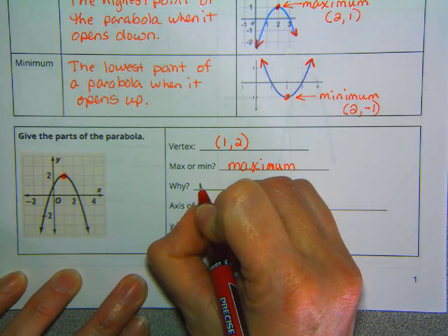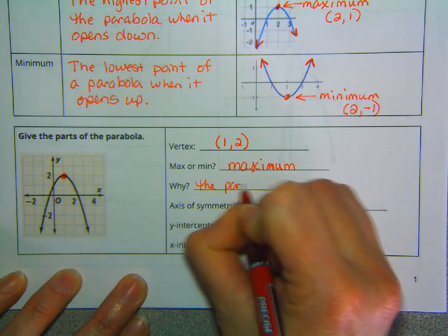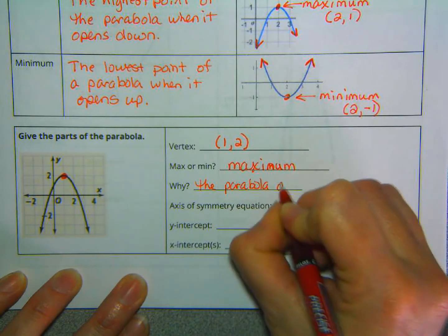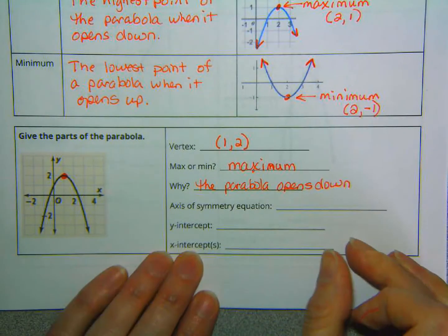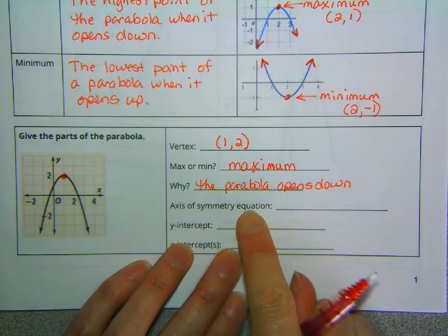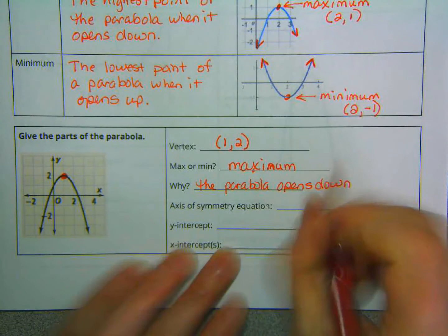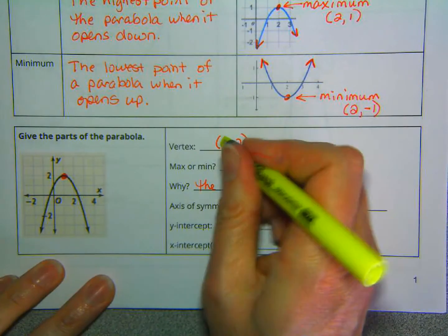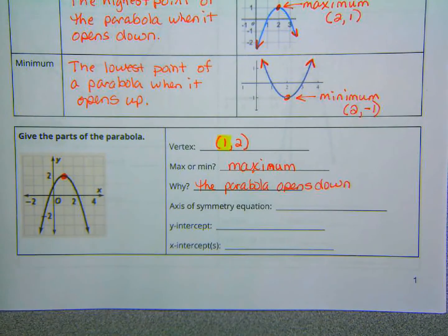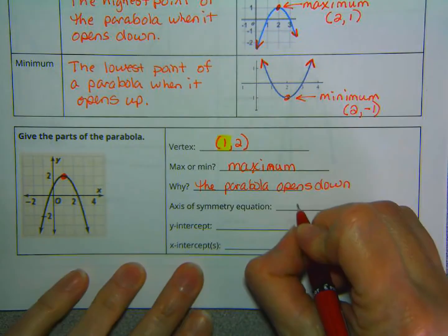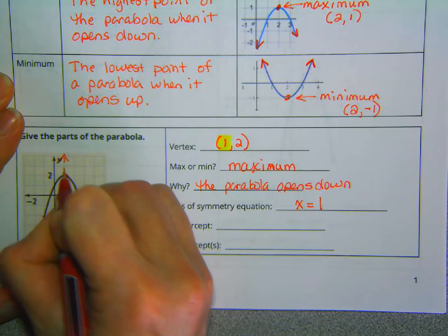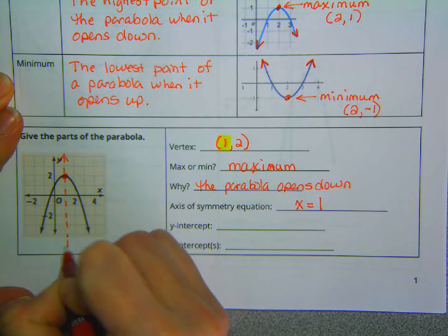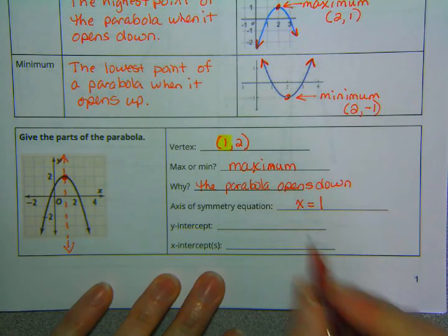Because the parabola opens down. And the axis of symmetry equation is going to come again from that coordinate right there. It is x = 1. So this would be our axis of symmetry. Every point on that line has an x value of 1.